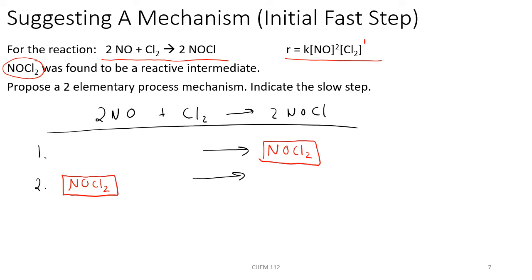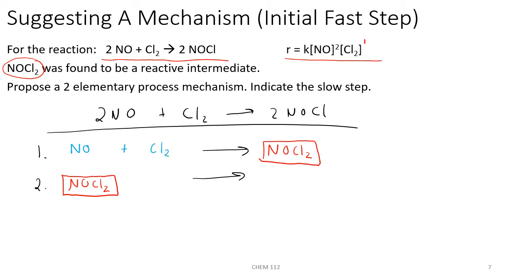So if we look at our overall reaction, 2 molecules of NO plus 1 molecule of Cl2. It's unlikely that a termolecular reaction will happen, so all 3 of those things aren't going to come together at once. But a bimolecular reaction is highly likely. So maybe what happens first is 1 molecule of nitrogen monoxide collides with 1 molecule of chlorine.